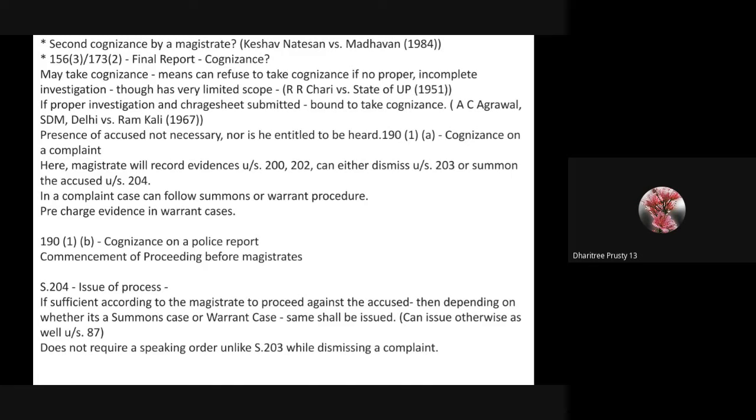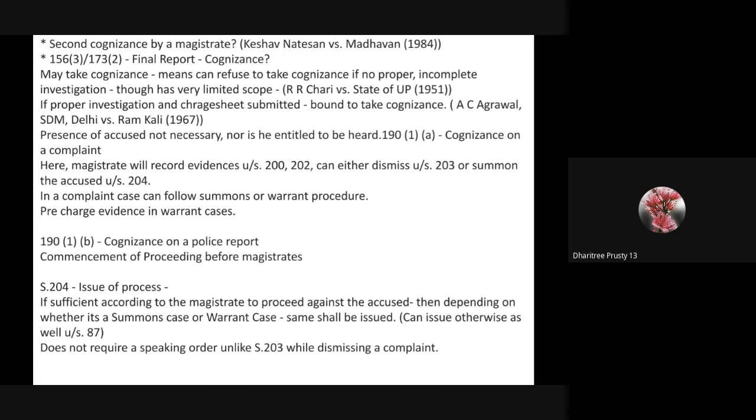But then again, they actually closed down the shutter quite drastically by saying that it is a very limited scope, and the court, beyond the examination of whether it was an incomplete investigation or an improper investigation, cannot go.